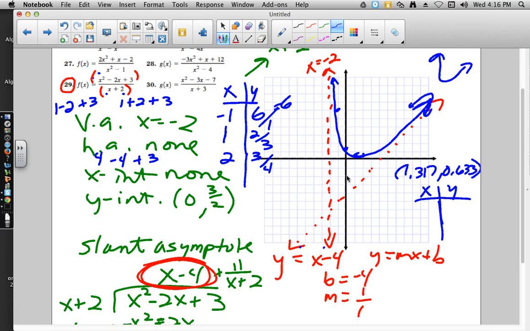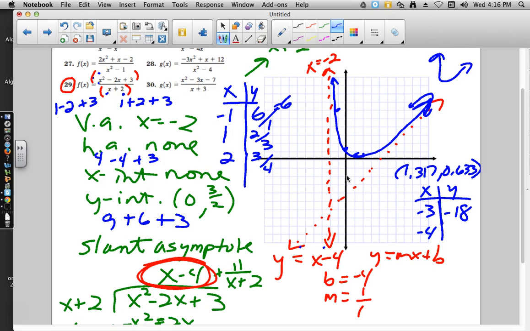So what we have to do is just find some points down there, and our asymptote was at negative 2, so maybe we'd try something like a negative 3 and a negative 4 and see what we get. So negative 3 squared would be 9, negative 2 times negative 3 would be 6 plus 3, so we get 18 for our numerator, and then negative 3 plus 2 will be negative 1, so that will give us negative 18.